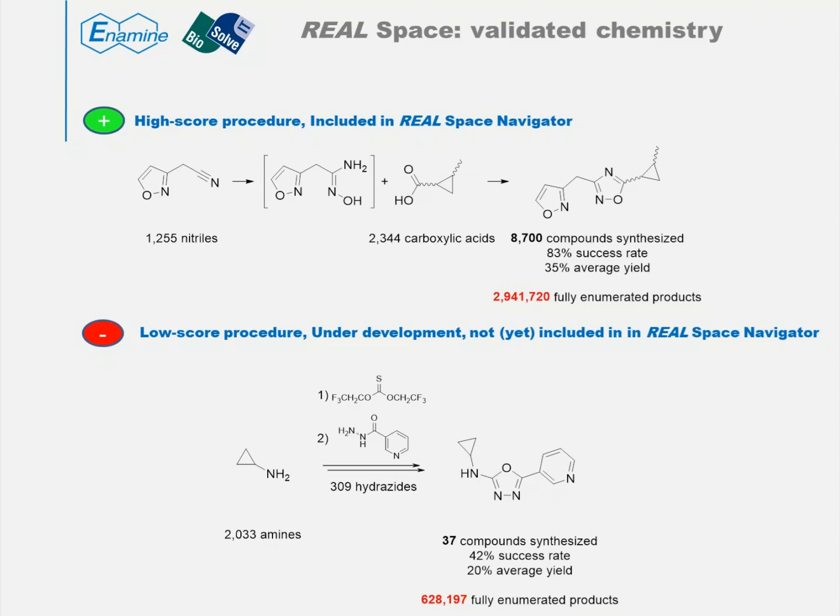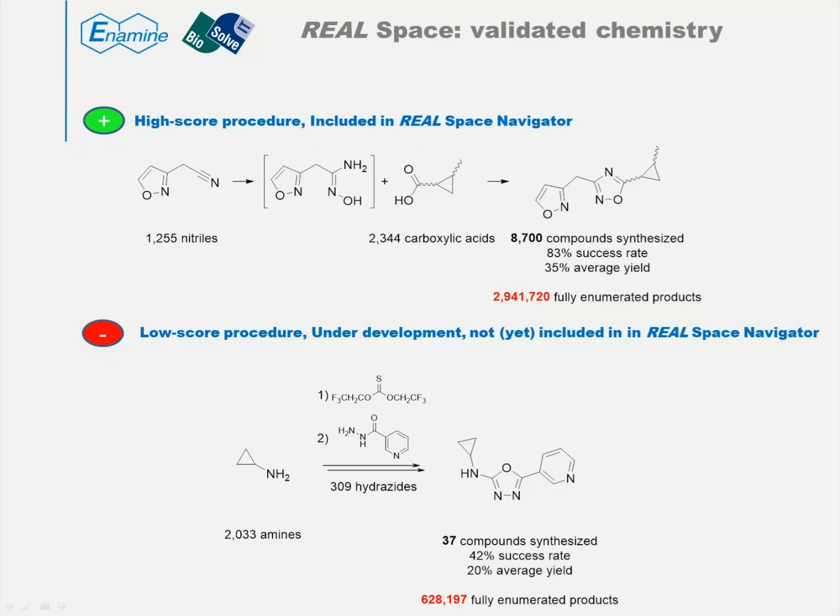Just a few words about this REAL space, and why we actually separated it from all the Enamine virtual space, or Enamine universe. REAL space is based on validated chemistry. That's why the compounds in the space can be accessed. We include in this REAL space only high-score synthetic procedures that are developed here at Enamine in the lab. These procedures have a high success rate and are validated in a number of experiments.